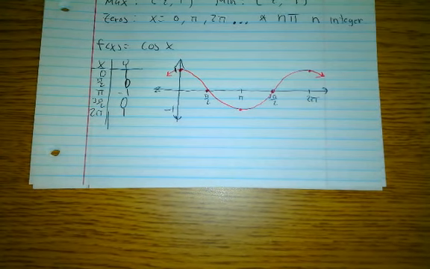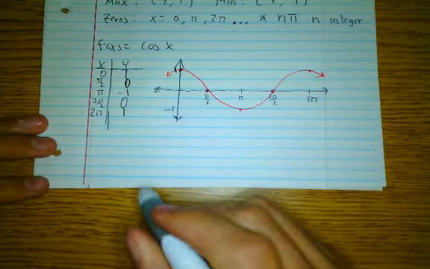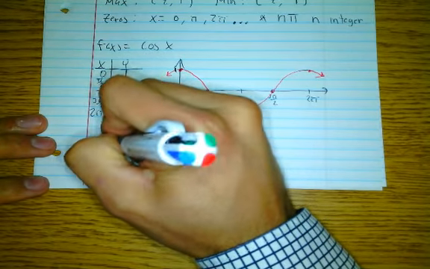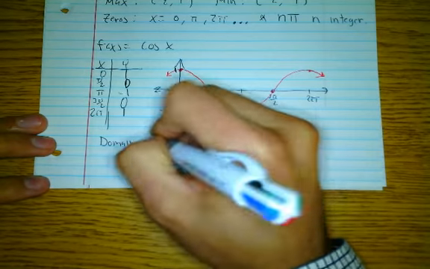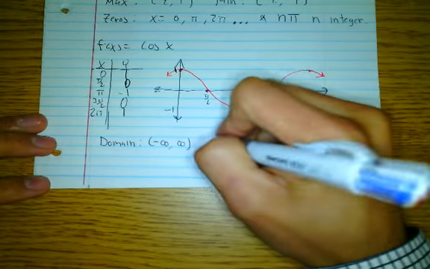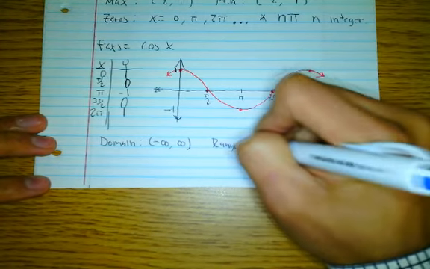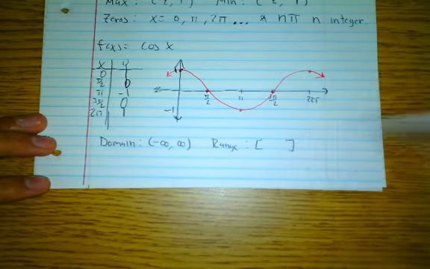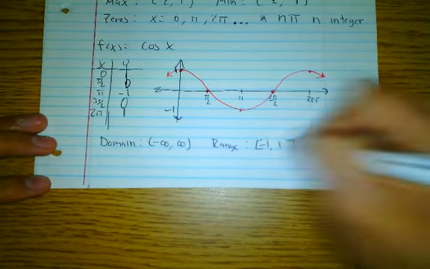Looking at that graph, what would you say the domain is? All real numbers, agreed? What's your range? Same as the first one, agreed? Negative 1 to 1. What is your maximum value?